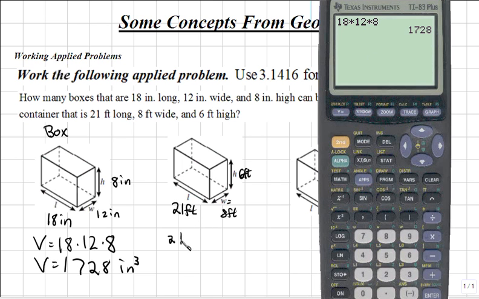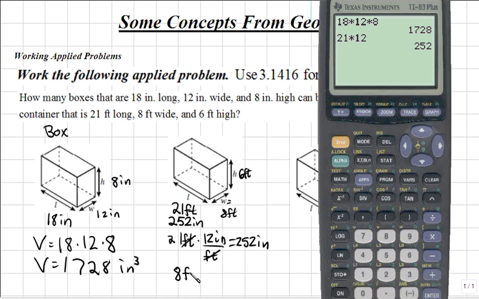So 21 feet multiplied by 12 inches per foot, the feet would cancel, and we're left with 21 times 12, which becomes 252 inches. So our length really will be 252 inches.